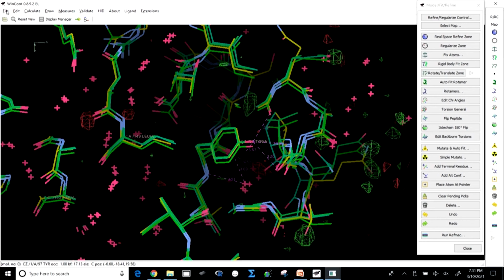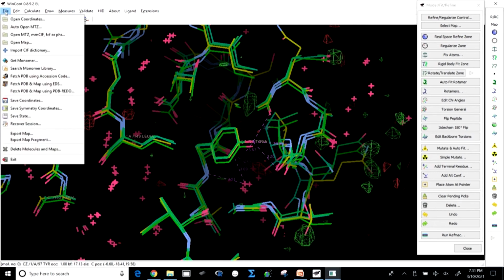As I told, you have to play more to know more, but through this software you could have used a PDB file for the coordinates, an MTZ file for the electron density map. You could also use FCF or PHS formats. You could also import a CIF dictionary for the small molecules.